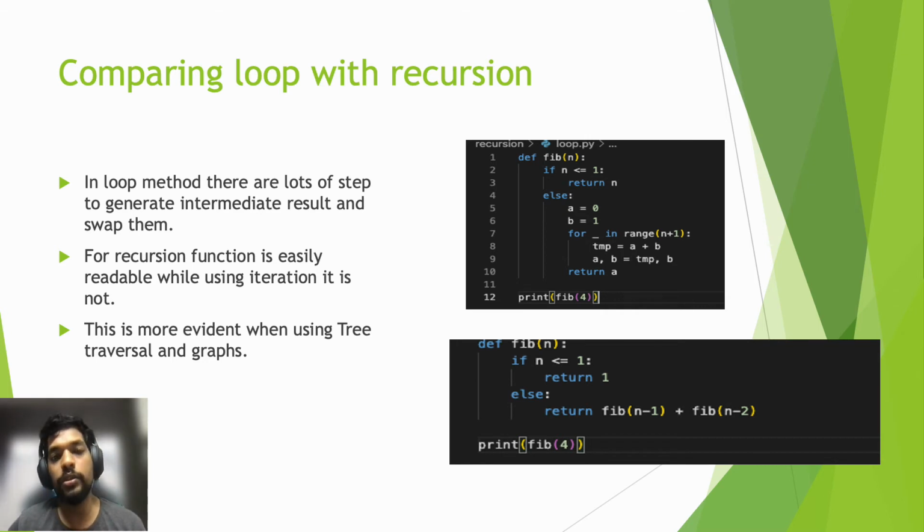It is complex to understand when you look at it at first glance. While when we look at the recursion, the function is just like pseudocode, where def f(n): if n is less than or equal to 1, return n, else return f(n-1) plus f(n-2), and that's it. It's over.